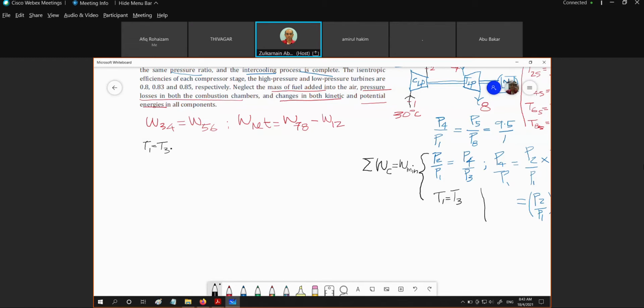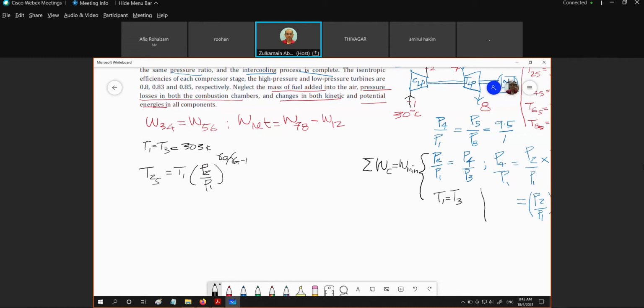In Kelvin, this is equal to 303. T2S is equal to T1 times P2 over P1 to the power gamma minus 1 over gamma. Gamma for gas or gamma for air? Air. So how much is that?